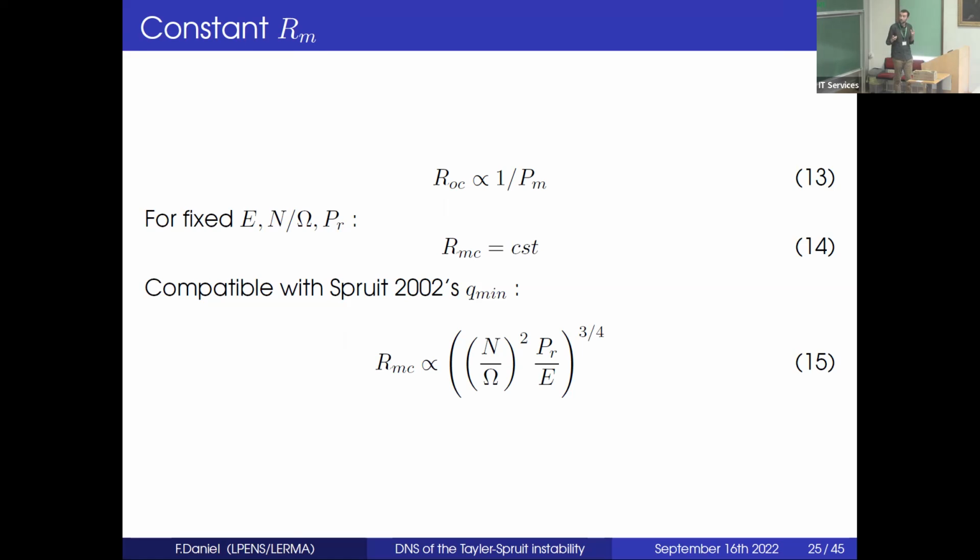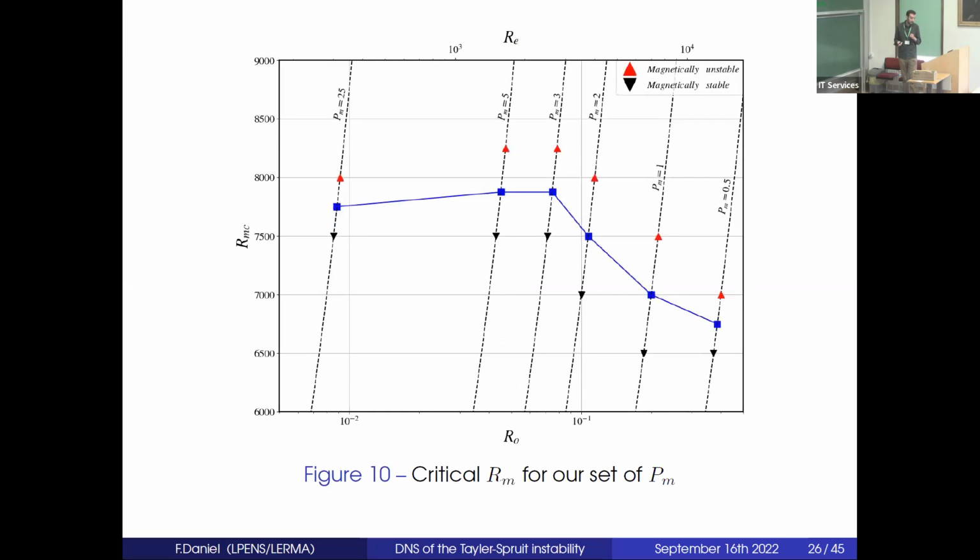He's got some prediction for this, which comes from his Q min, the minimum level of differential rotation needed to maintain its dynamo. And this actually predicts a constant magnetic Reynolds number, which can be more clearly seen here as you plot the critical Reynolds number for the different values of Pm with respect to the Rayleigh number, or Reynolds number here.